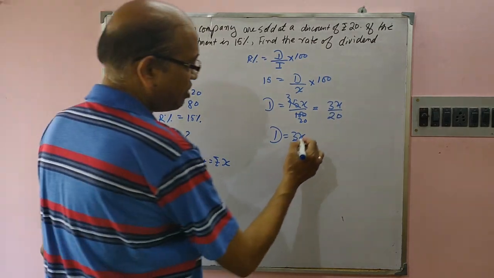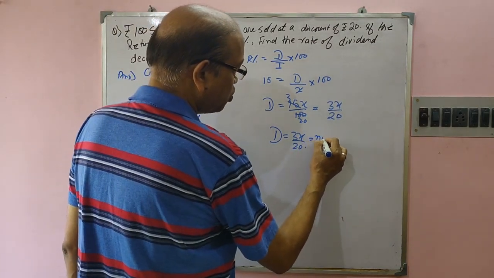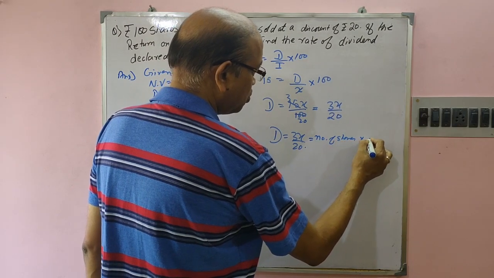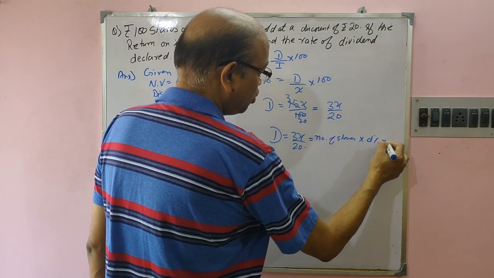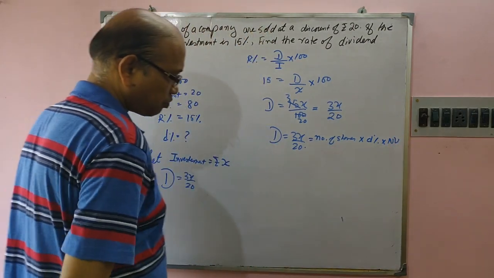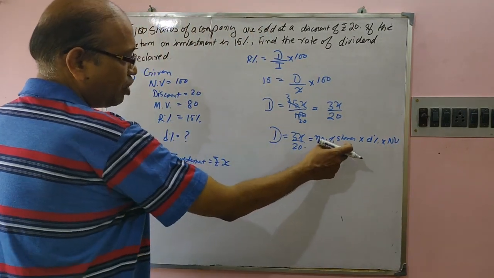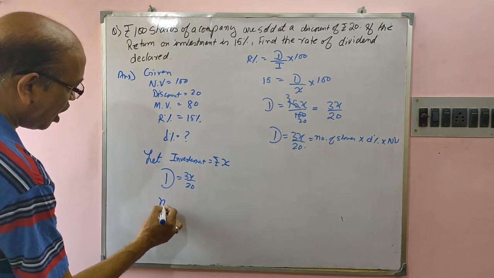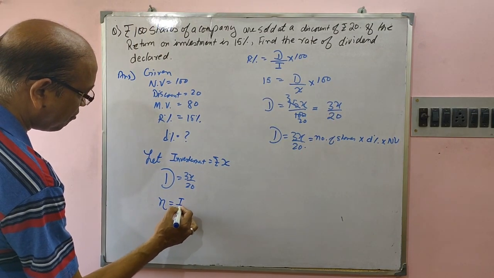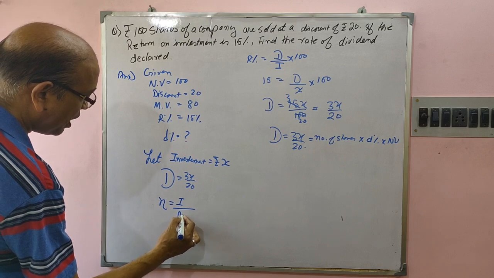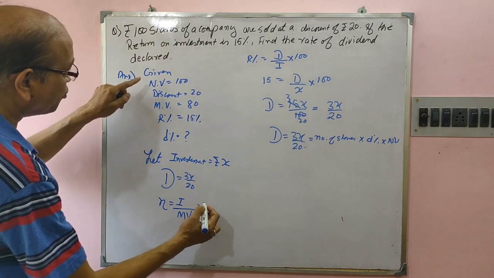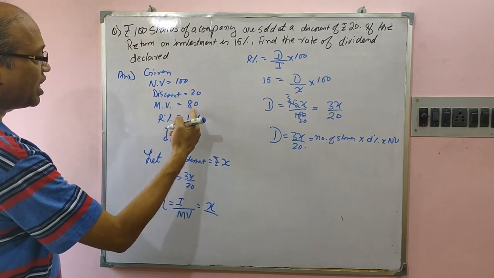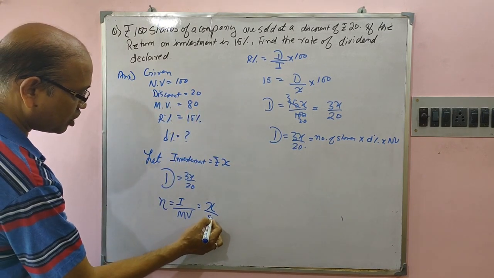Now, what is dividend? Dividend is equal to number of shares into D% into nominal value. Now, can we know the number of shares? Yes, we know. How? Number of shares is investment by market value. Therefore, number of shares will be X by 80. That is the market value.